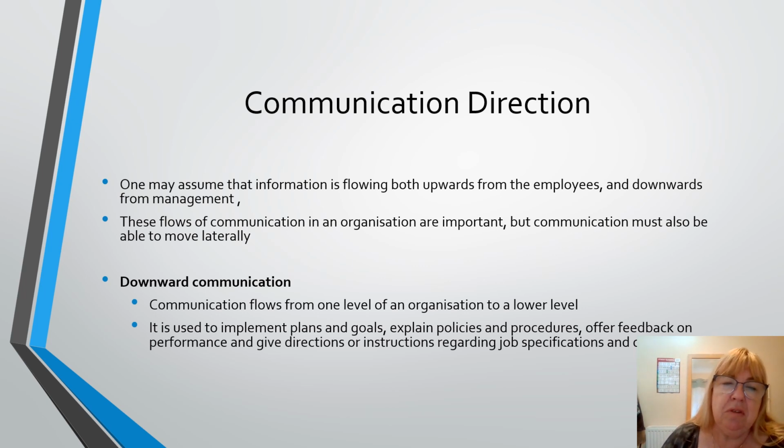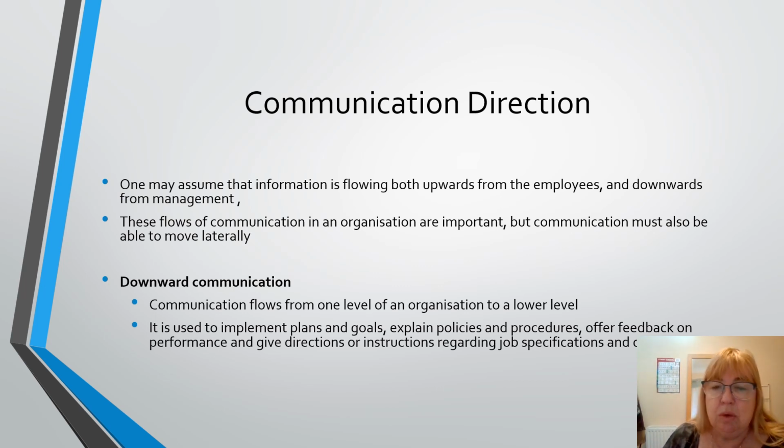Communication direction. Oh, that's quite important as well, because the flow of communication is quite important. We know communication tends to flow downwards from the top level management down to the staff on the ground.